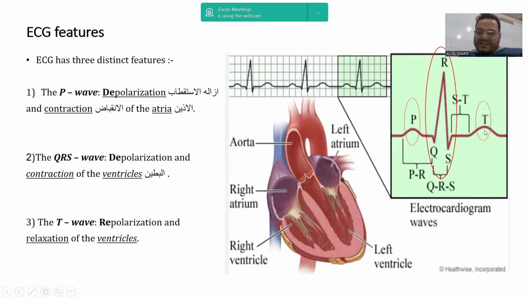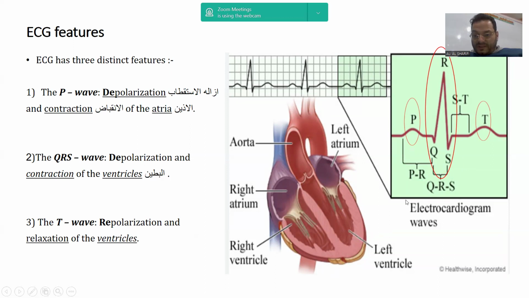The last one is the T wave, which means repolarization. This heart cell started to come back to its original state, and relaxation of what? Of the ventricle. Now we have interpreted the PQRST curves.